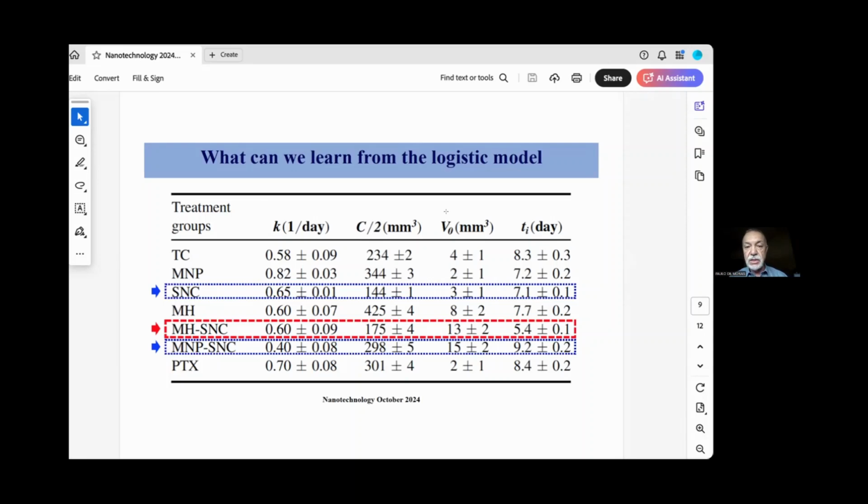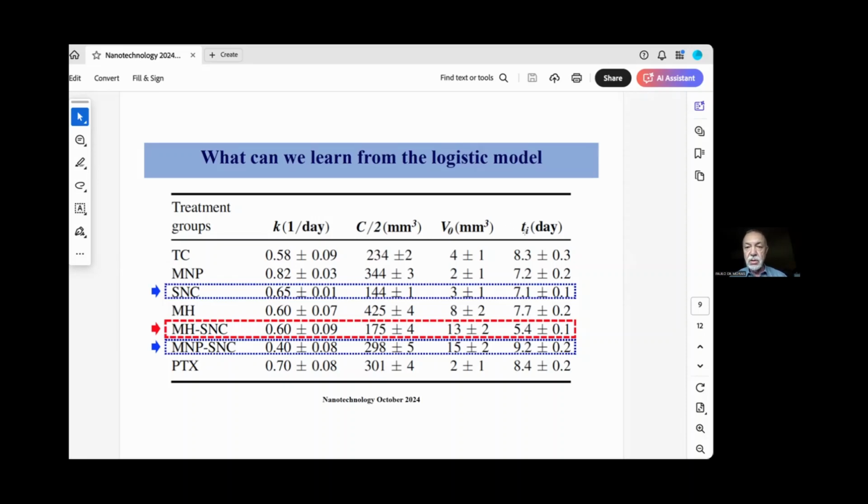V naught is the initial volume, which was fitted. And Ti is the inversion time, which means the time that the growth of the tumor inverts from a positive derivative to a negative derivative. So it's a very important parameter here.